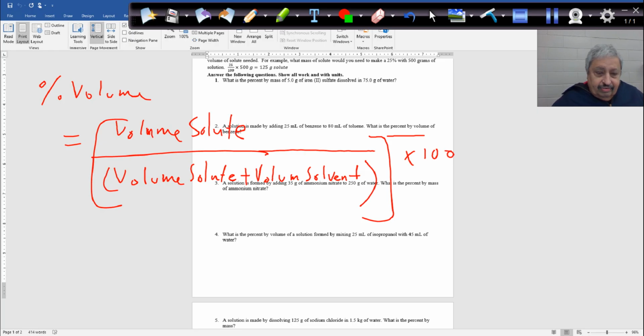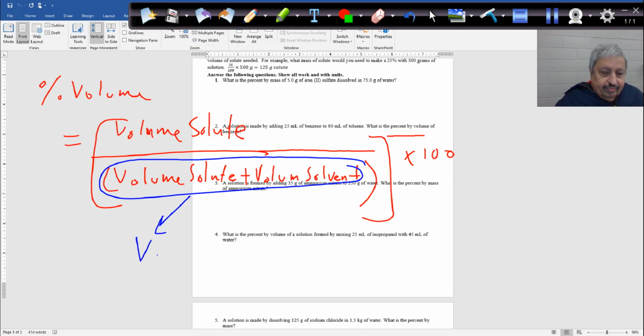And all of this here is said to be equal to the volume of the solution.